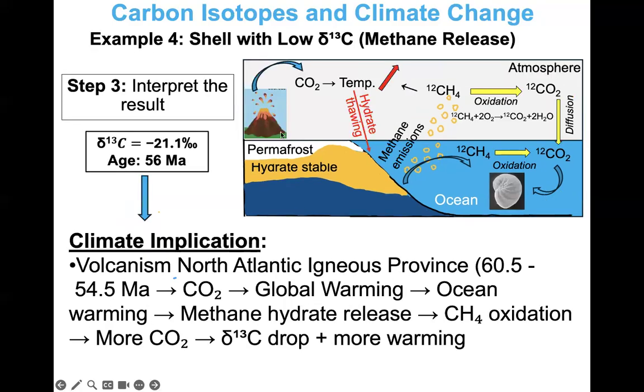So to put this in context, to understand this low delta 13C with methane release, we have to invoke volcanic activity. During this age, 56 million years, we had volcanic activity called volcanism, the North Atlantic Igneous Province, that happened between 60.5 and 54.5 million years ago. That volcanism released a lot of CO2. CO2 is a greenhouse gas. It causes temperature to go higher.